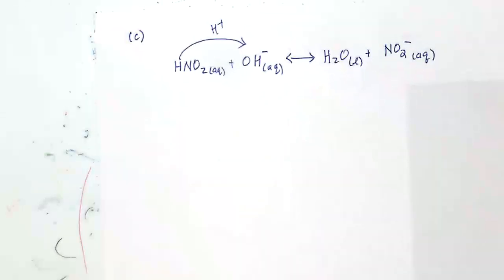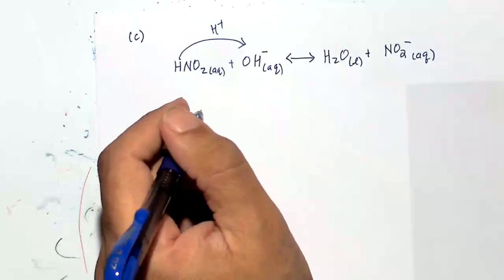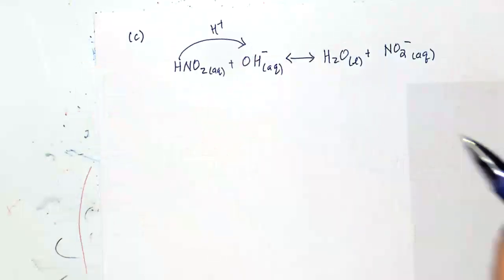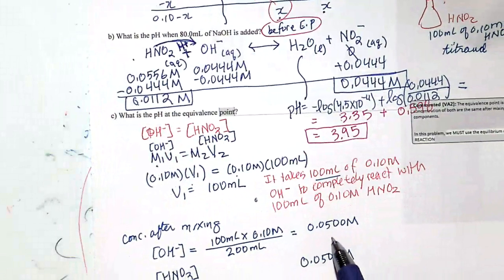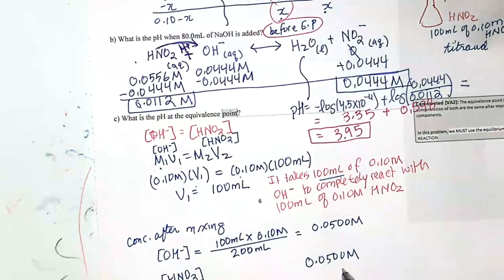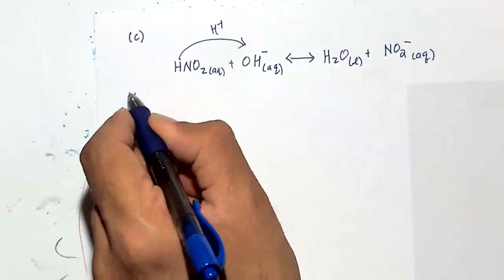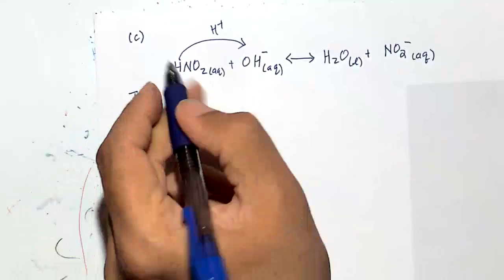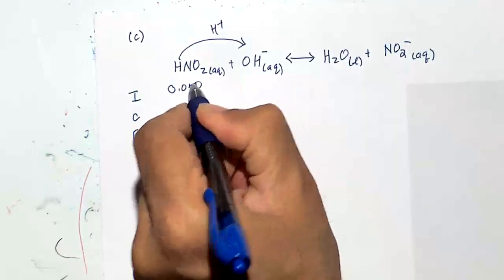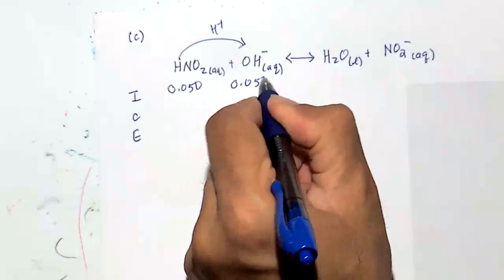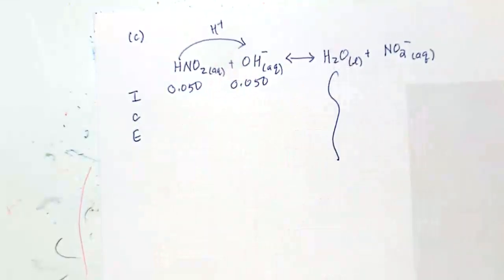All right. As Bailey mentioned, we figured out the concentration after mixing. It's 0.05, and because it's the equivalence point, the other one is also 0.05. Okay, don't worry about this liquid water.